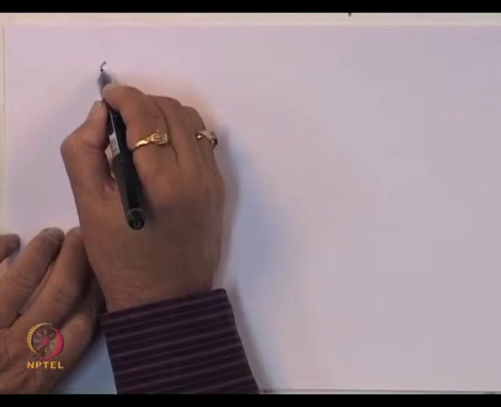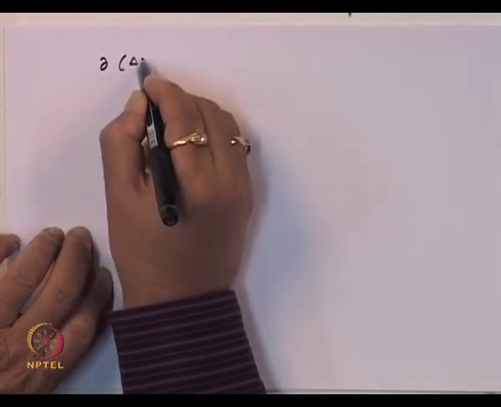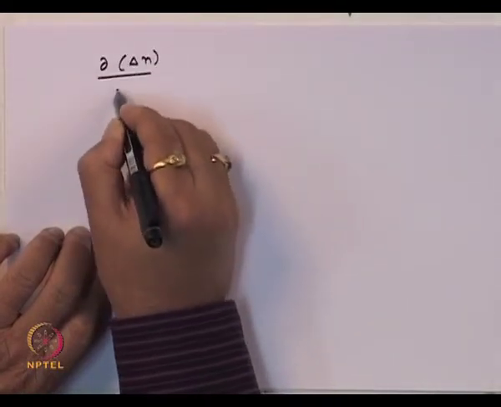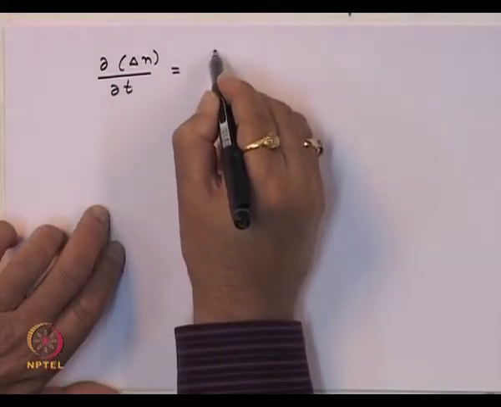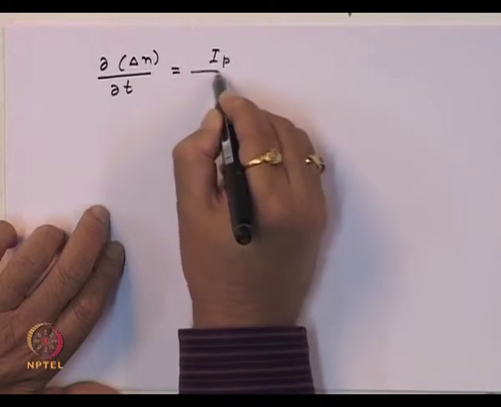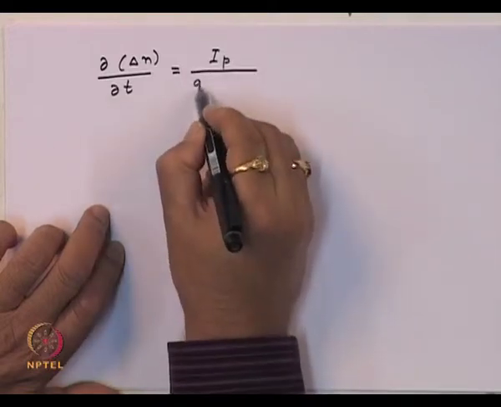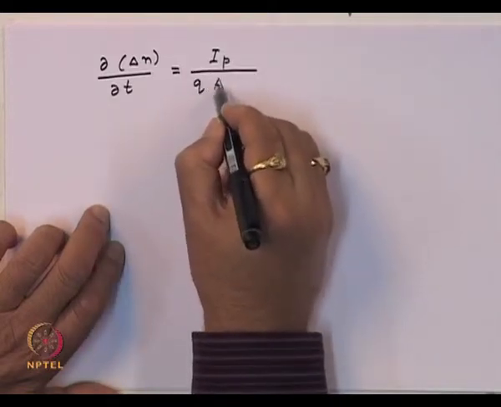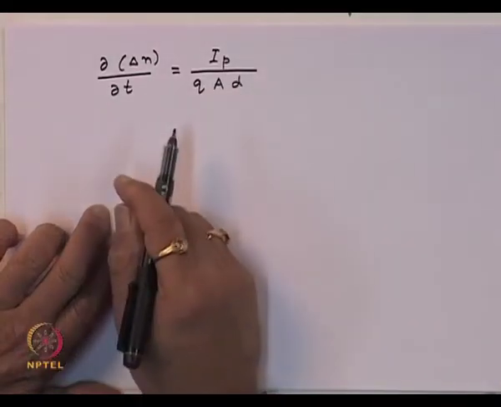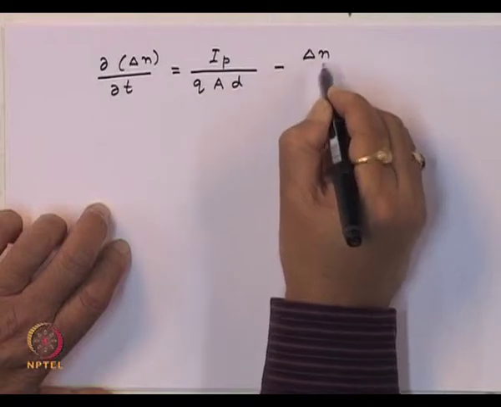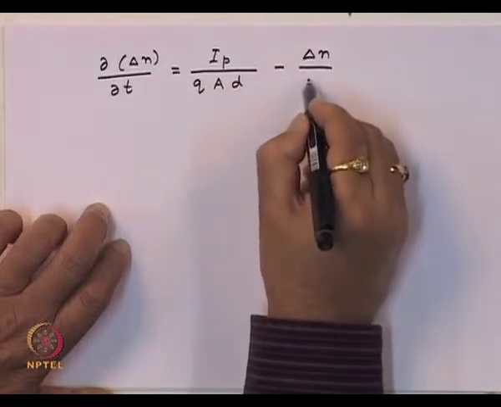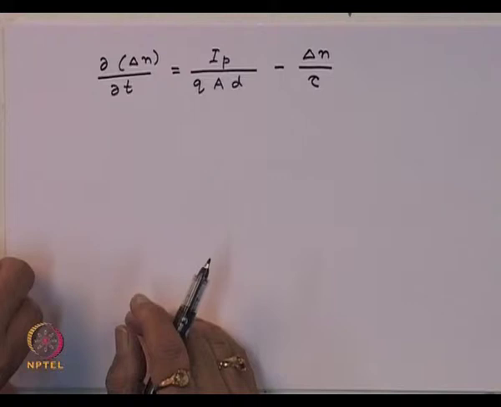So, here we get d delta n by dt equal to the injected current IP divided by the electronic charge, area of cross section, d the thickness of the active region, minus delta n divided by the carrier recombination lifetime tau.